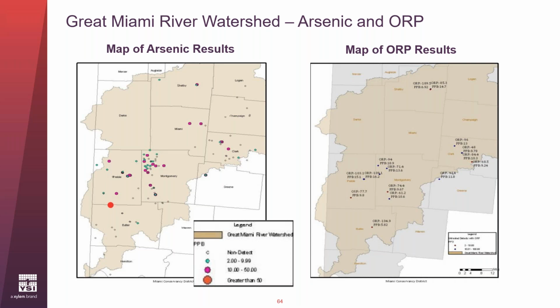The second map shows us measured ORP values in many of the same wells that had the highest concentrations of arsenic. To be clear, this ORP probe is not an arsenic sensor, but in this case, it can be shown that the correlation can help researchers come to some preliminary conclusions as to what is contained in that water.